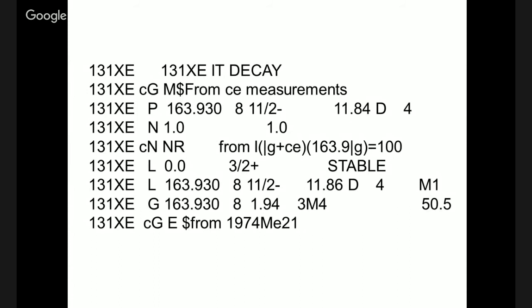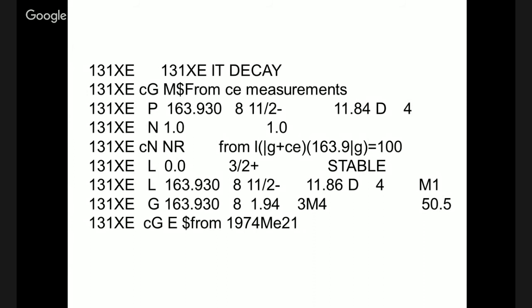This means that it's a gamma ray, and it's a comment card on the gamma ray multipolarity. All the ones that have a C are comments. P means the parent. The parent has an energy of 163, which is the IT level, the spin, and the half-life. These are normalization factors we will go over.